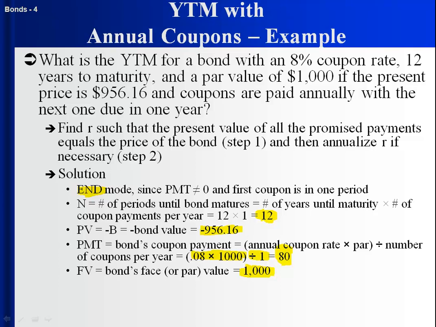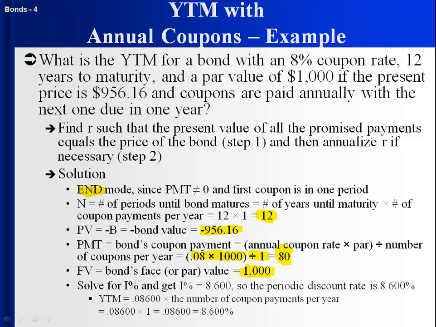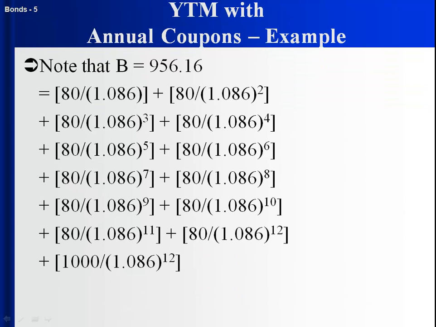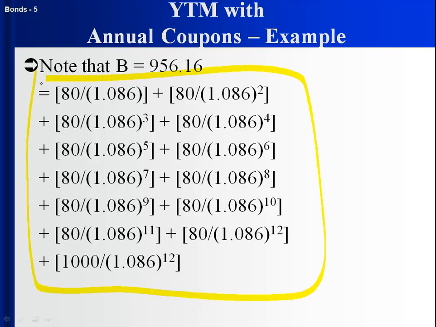What's the discount rate that equates those expected cash flows, those promised cash flows, with the price? 8.6%. That is a rate for a year. That's yield to maturity. So what we just found is that if we were to discount all 13 payments, the 12 coupons and the par payment, by 8.6% per year, we get $956.16.